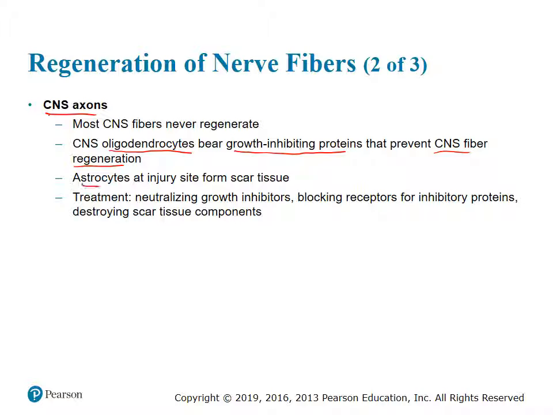The astrocytes actually have the capability of forming scar tissue. And this is what can occur in a repair, if you will, although it's not really repair, I wouldn't use that word, but this is what happens when a neuron gets damaged in the CNS.